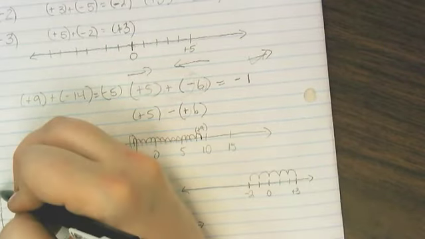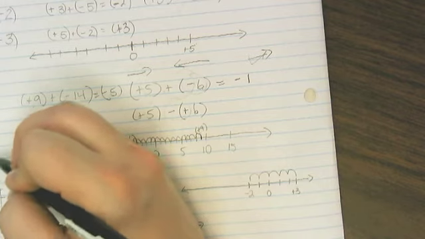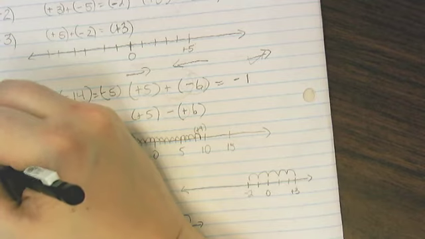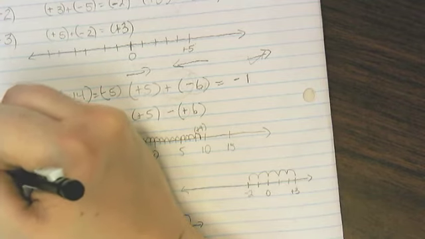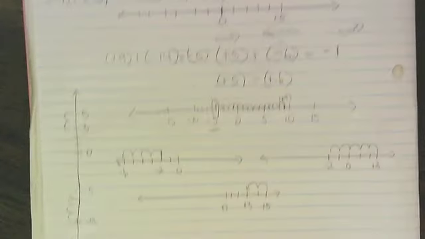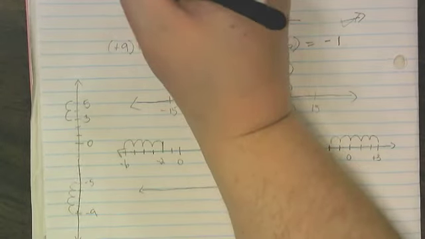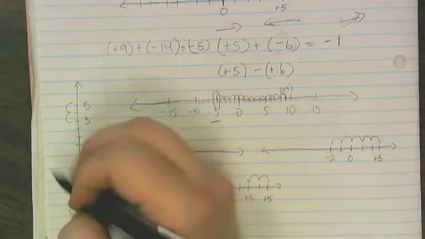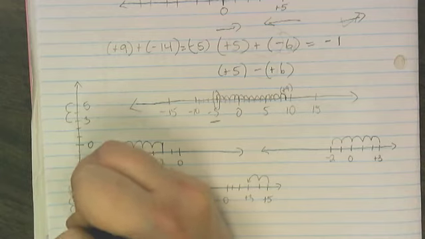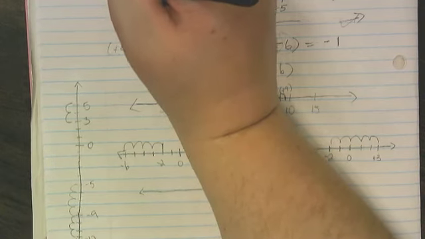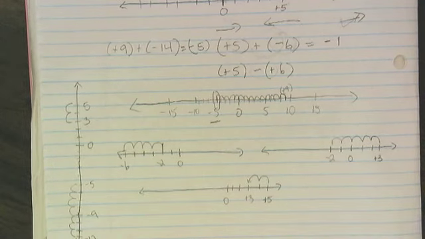Yeah. +5 plus -2 equals +3. -9 plus -3 equals -12. Okay, so you just keep going down.